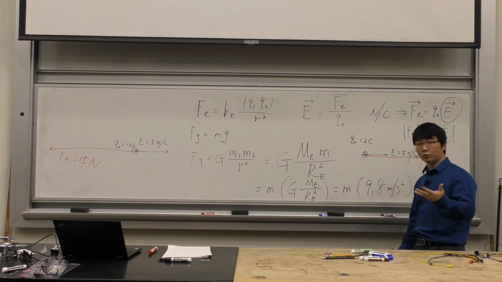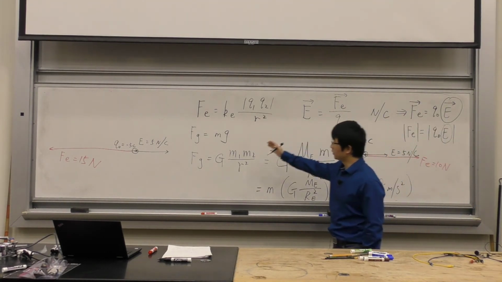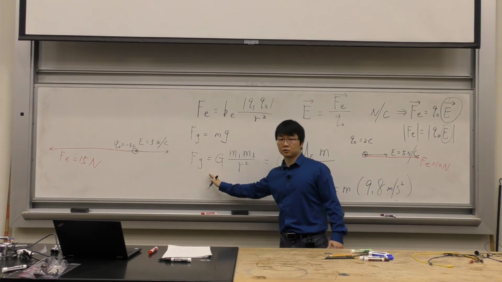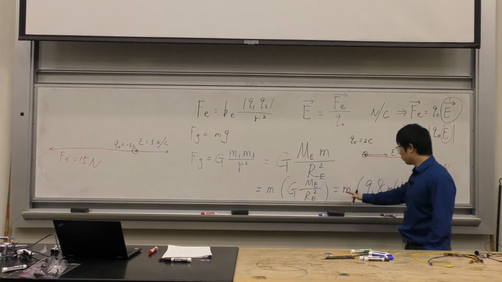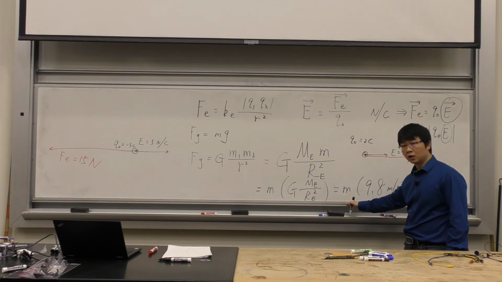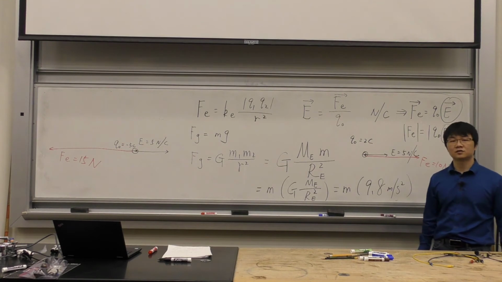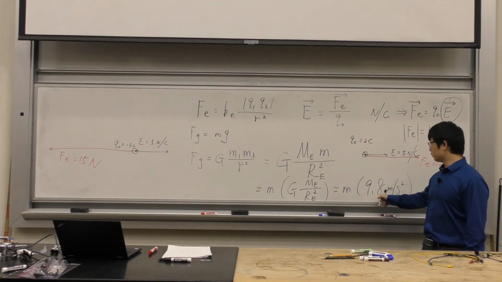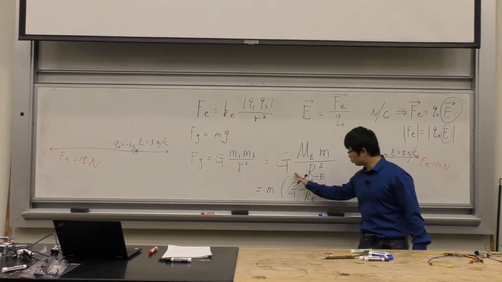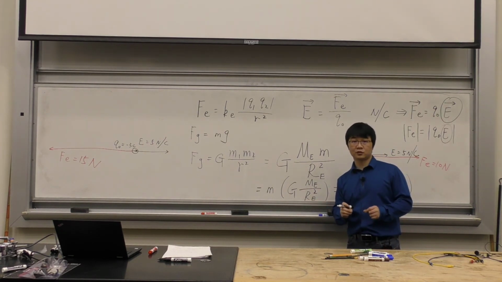Now I'm telling you where this 9.8 comes from: it's from a fundamental theory discovered by Newton. And once you have done the math, you will get a shortcut equation, which is the mass of the object multiplied by a constant 9.8. Because this is always a constant, we don't need to do this every time I want to calculate the weight of anything on the surface of Earth.